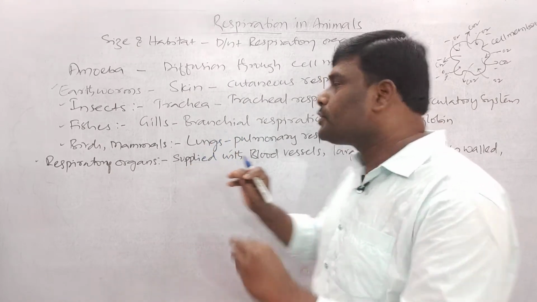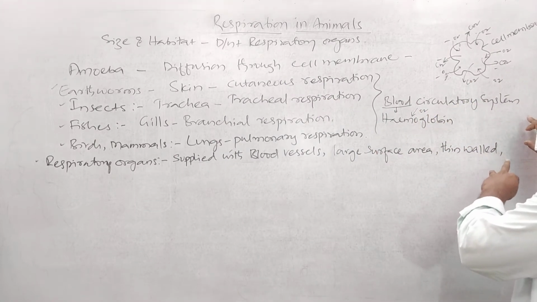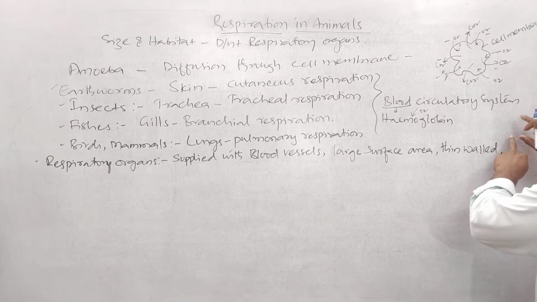That means what? Blood supplied the oxygen to the cells. In the cells, respiration took place. As a result of respiration, carbon dioxide is formed.